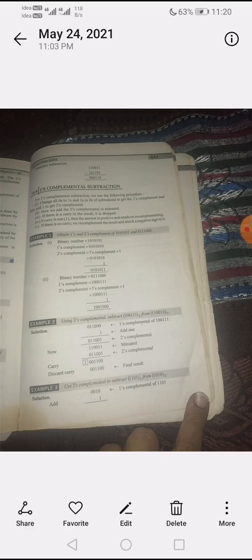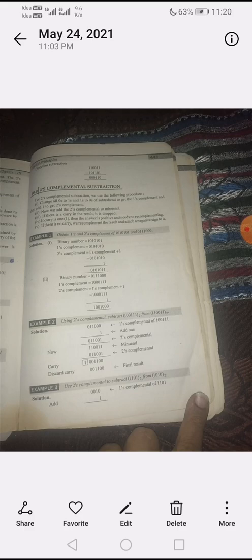That is 0 to F: 0 1 2 3 4 5 6 7 8 9 and A B C D E F. Here A stands for 10, B stands for 11, C stands for 12, D stands for 13, E stands for 14, and F stands for 15. After reaching F, what do we have to do?